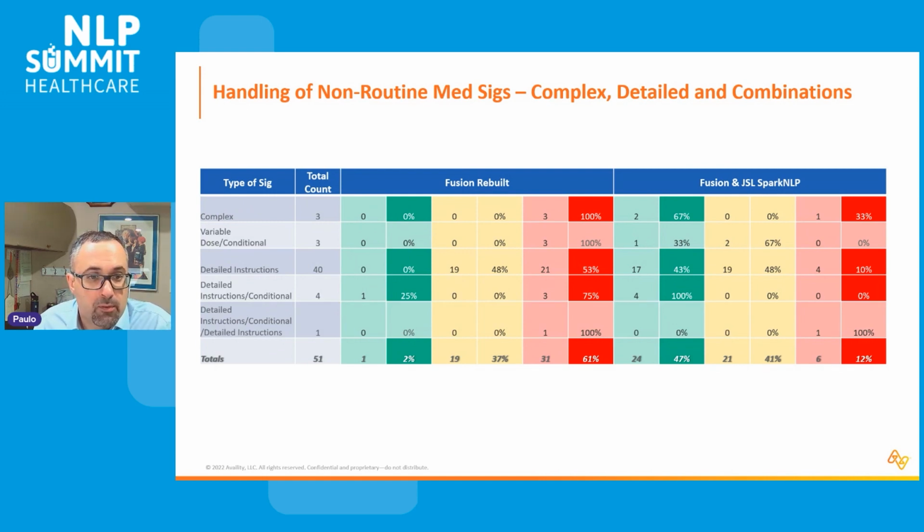You can see 100% for complex, 53% for detailed, 75% for detailed instructions that were conditional, and 61% overall. When adding Fusion and John Snow Labs together, you can see that those error rates for complex SIGs and detailed and combination instructions go down considerably to 33%, 10%, 0%, and 12% overall for these complex prescriptions.